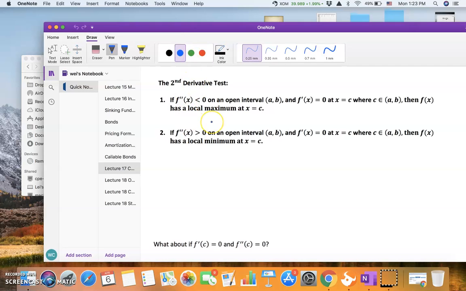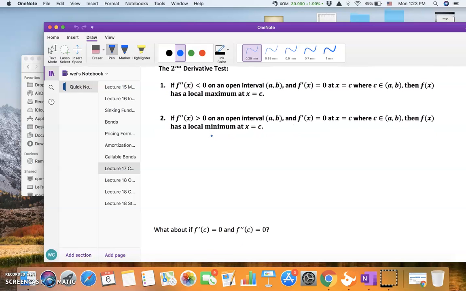Okay, so why does the second derivative test make sense? Why does it tell us where the local maximum and the minimum are? Let me use this graph to explain this to you. Okay, now here we have an open interval from a to b.